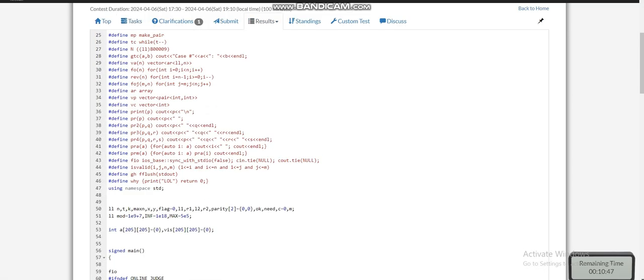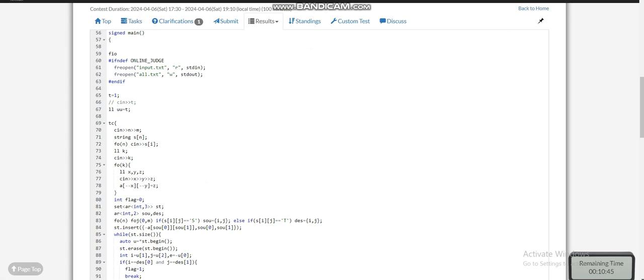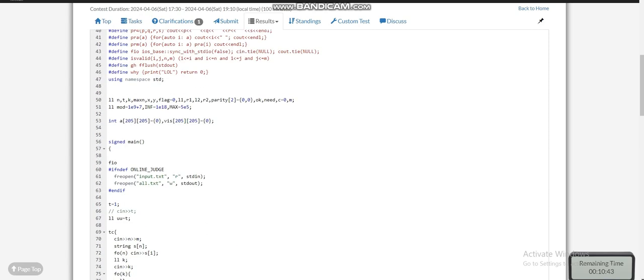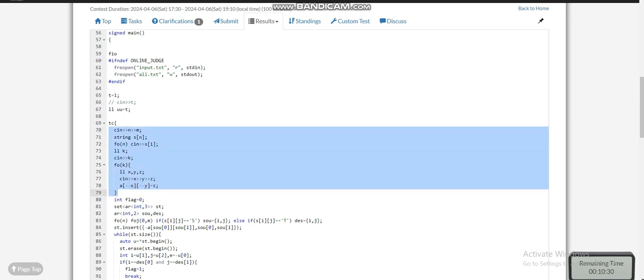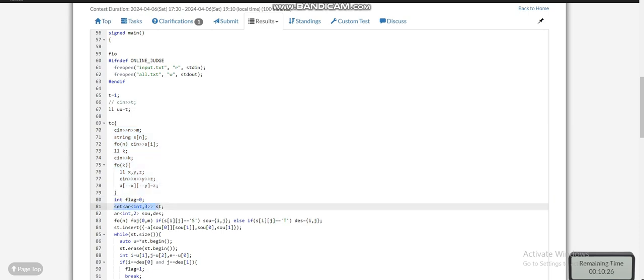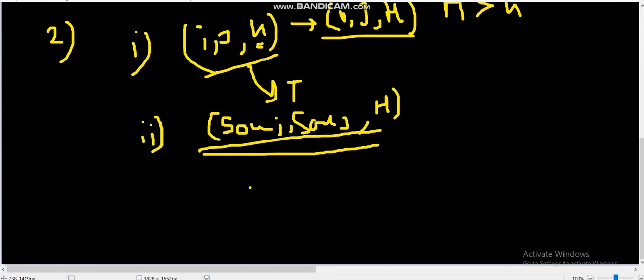So let's expand this. What I am doing is taking a, which will contain my health value. So a of ij is nothing but the health of the current cell, the maximum health of the current cell. Here I am taking the inputs. This part is for taking inputs. Now I am taking one set. The set is a tuple of three integers.